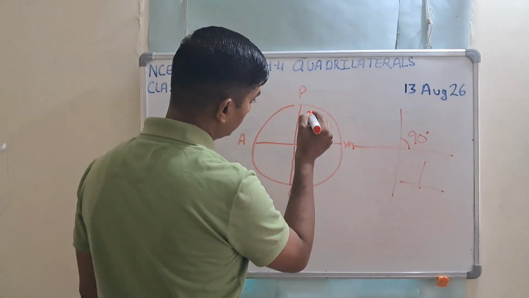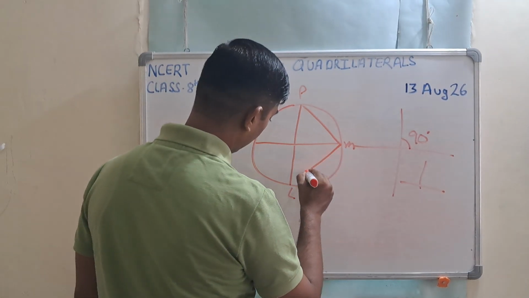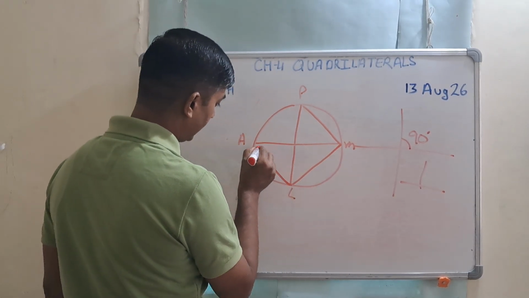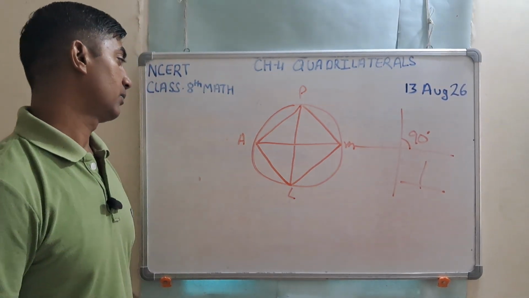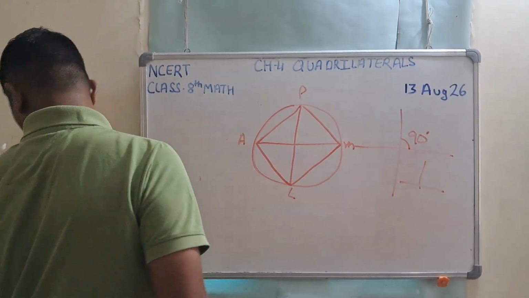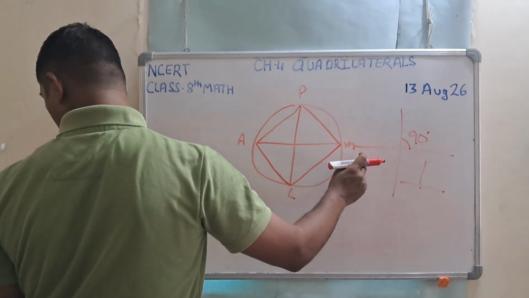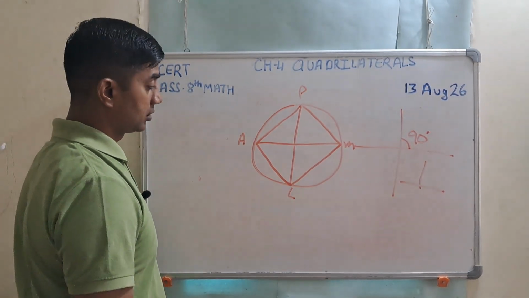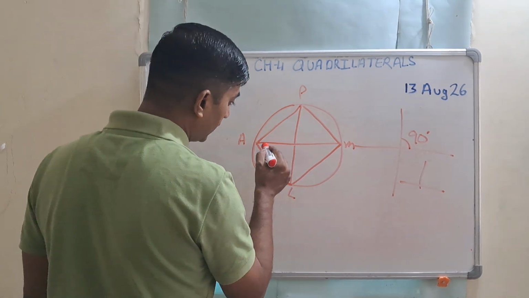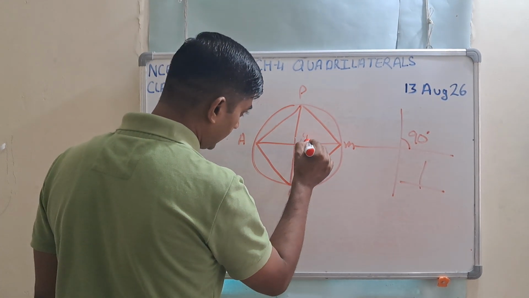Now what they are saying is join. Yes, join PM, ML, LA and AP. So what is this figure? In this figure we see the diagonals are intersecting each other at 90 degree.